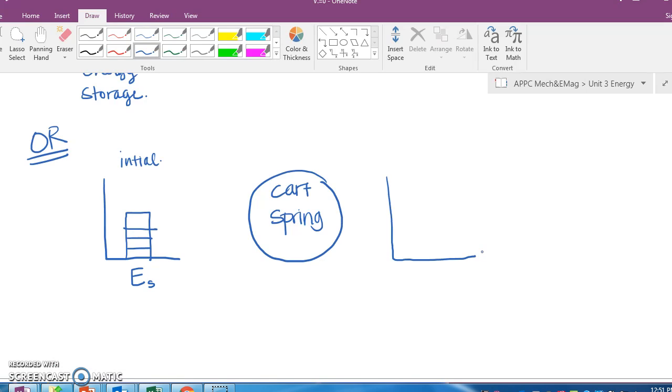Okay. So, is there anything outside the system that interacts with the cart? Yes, sir. Earth. What does it do? It removes energy, and I'm going to draw a big fat arrow going out of the system. And it stops, and the spring is no longer compressed.